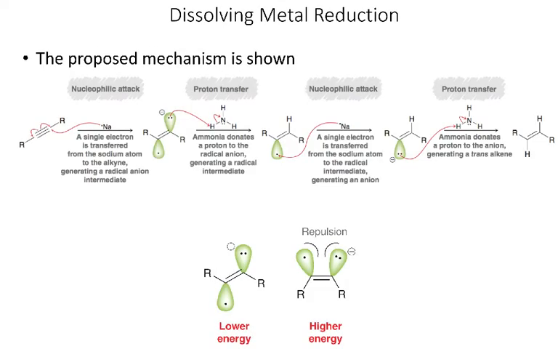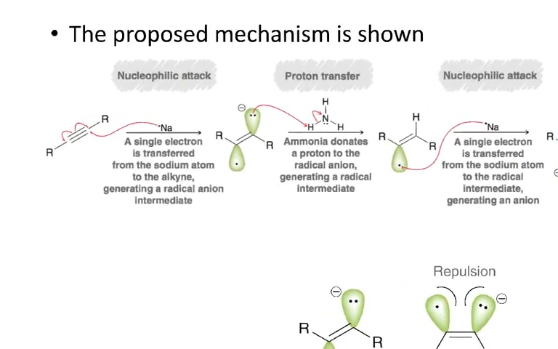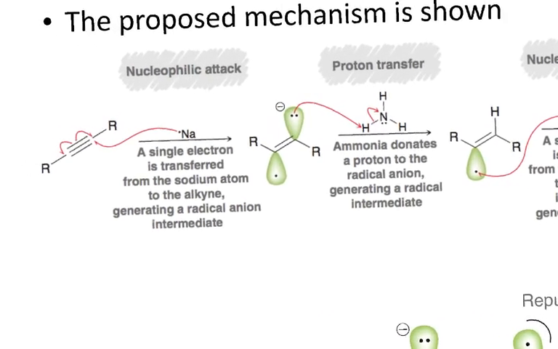I think it's worthwhile to talk about the mechanism for dissolving metal reduction. And so I'm actually going to zoom in a little bit because this slide is a little bit small. So we have the sodium metal, and if you recall, sodium has one valence electron, and so the sodium donates that electron. And if you notice, because we're only dealing with a single electron, we use a hooked arrow, or just a half arrow.